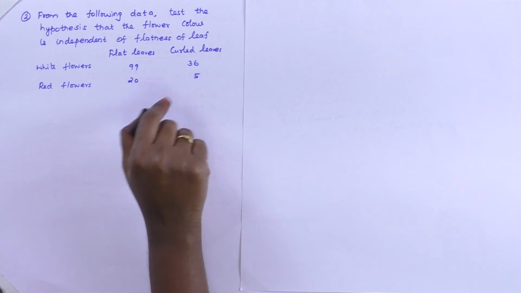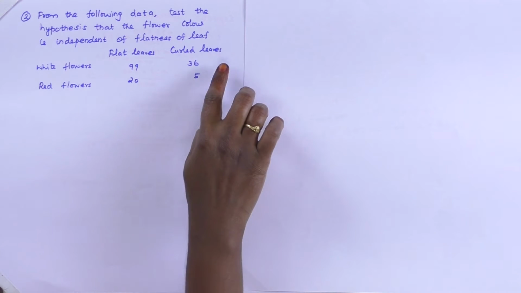Now we want the corresponding row totals, column totals and total frequency value. Before that, we want to formulate the null hypothesis and alternative hypothesis and set the level of significance.